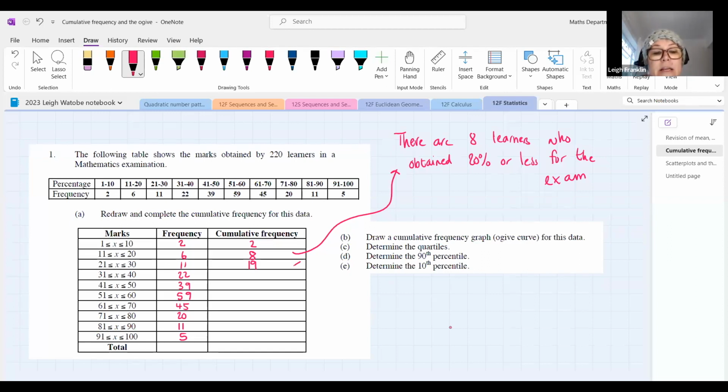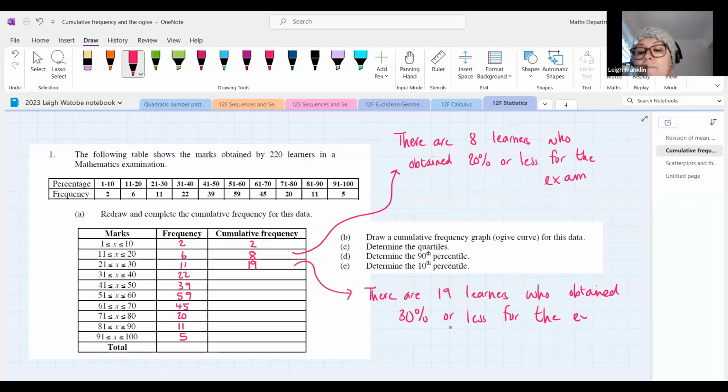So the 19 means there are 19 learners who obtained 30% or less for the maths exam.